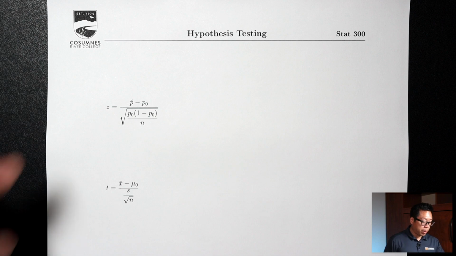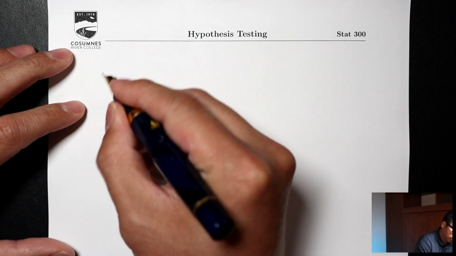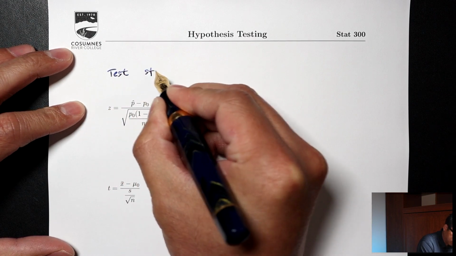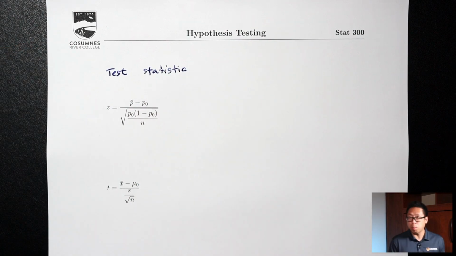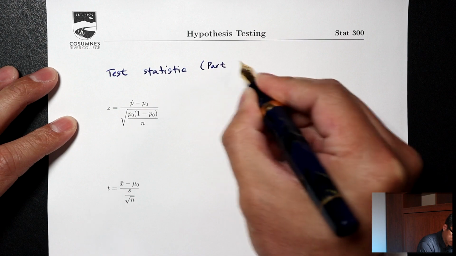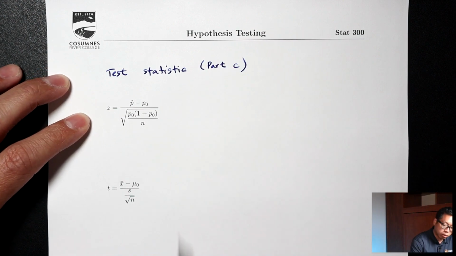The two formulas on the front page are formulas that you'll be using to find the test statistic, which is part C of the process. The first one with the Z is for the proportion situation.